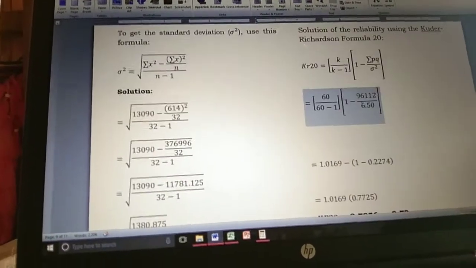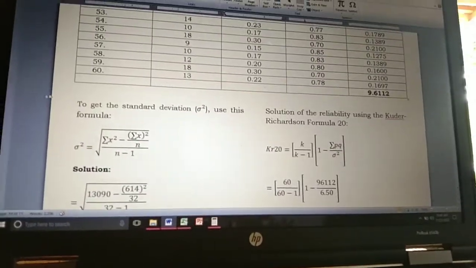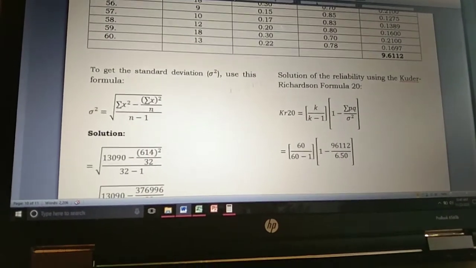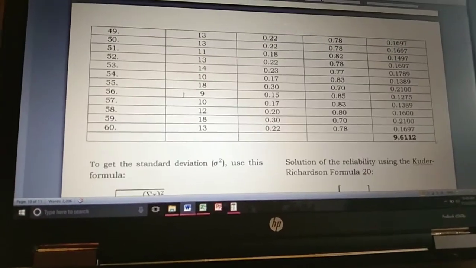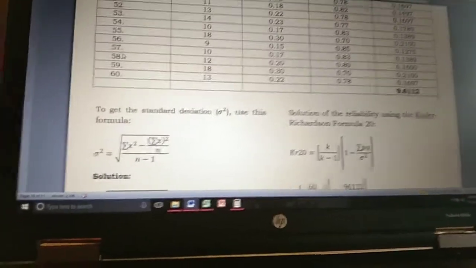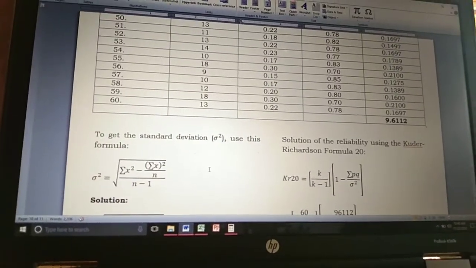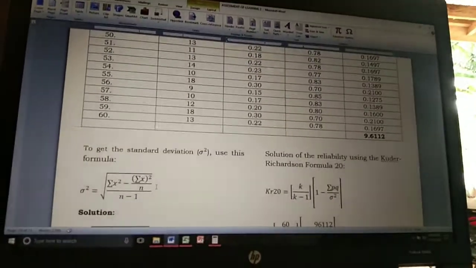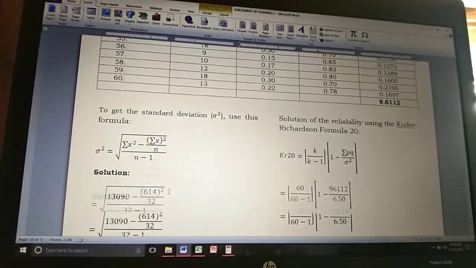So ito lang PQ. So una nating gagawin, to get the standard deviation, use this formula. So ito yung ating gagamitin kapag kukunin natin ang standard deviation. Kasi sa Kuder-Richardson, dapat merong standard deviation.